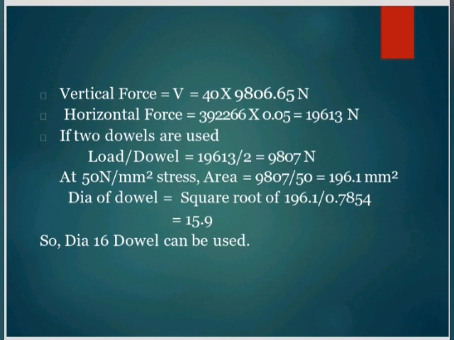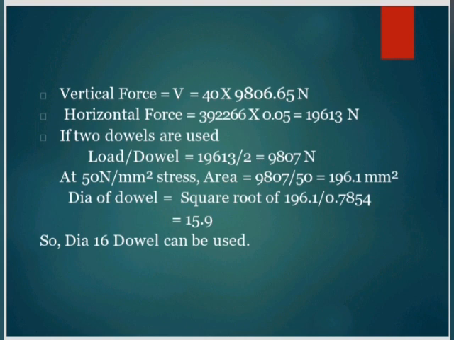At 50 Newton per millimeter square stress, area is equal to 9807 divided by 50, which is 196.1 millimeter square.